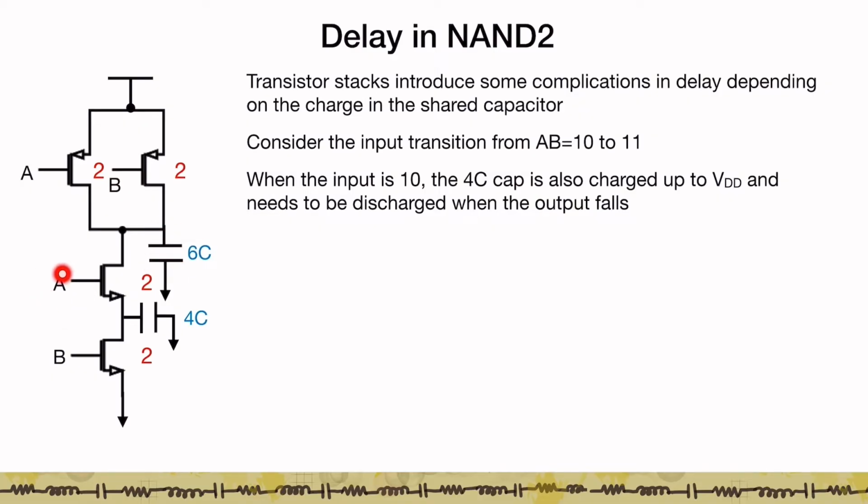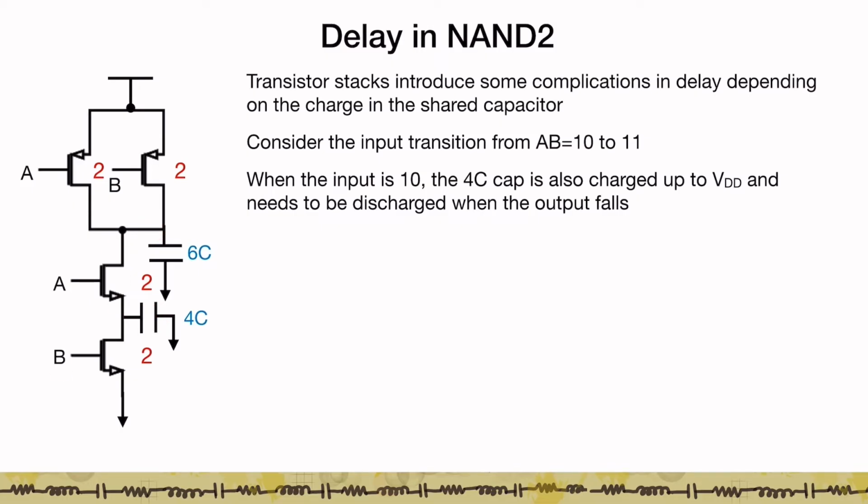But because A is also 1, this transistor is on. So the PMOS here is charging up both the 6C capacitor and the 4C capacitor, right? This NMOS transistor which is connected to input B is turned off, so there is no current flowing to ground. But because A is on, this 4C capacitor also gets charged up to VDD.